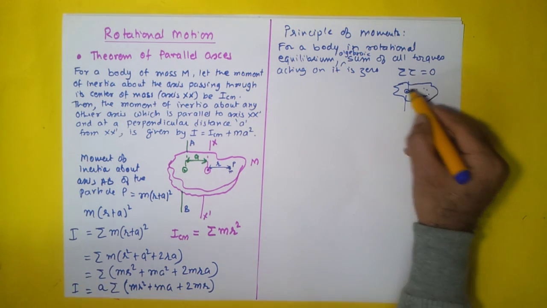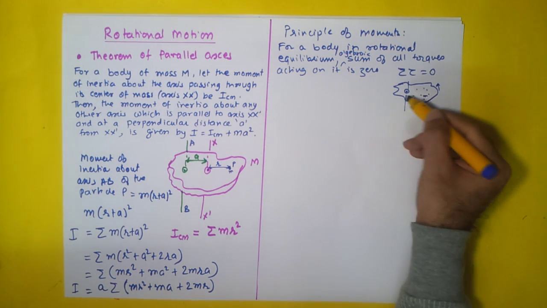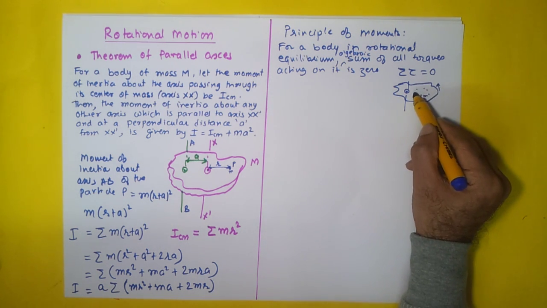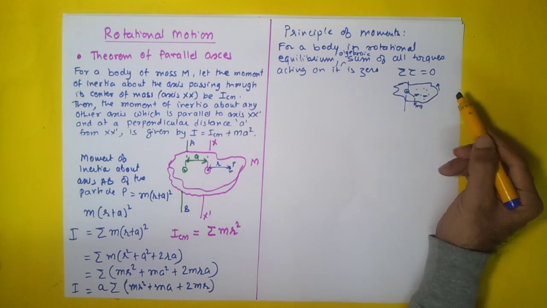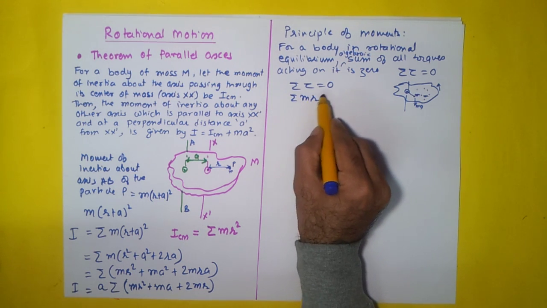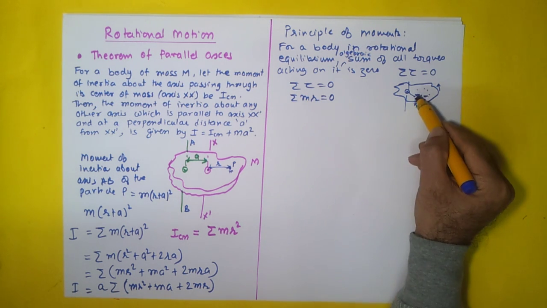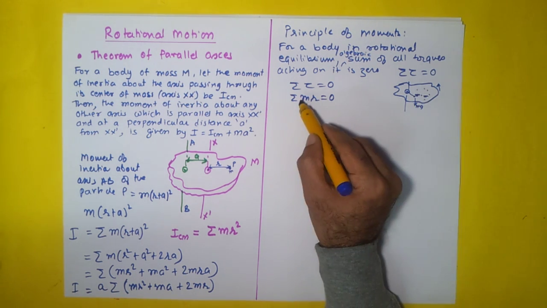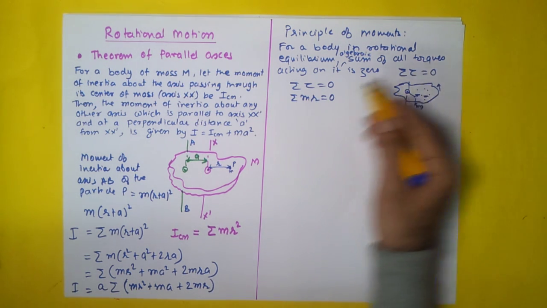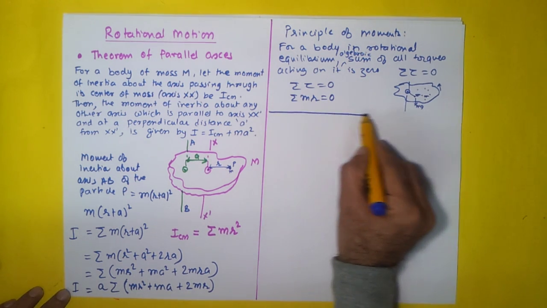If this is in rotational equilibrium, that means it is not rotating or moving up and down, then sigma tau is equal to 0, and torque is force into r, where the force is the weight mg. So sigma mgr is equal to 0, but g is a constant, so I write sigma mr is equal to 0. This is something which we'll be using over here, therefore I thought I'll just refer to it here.